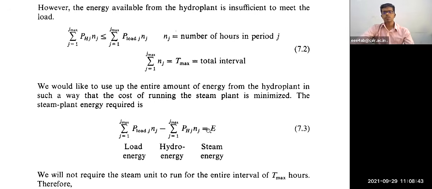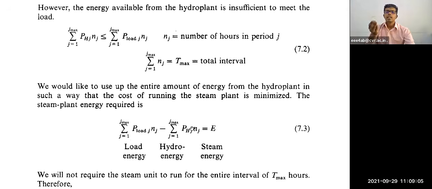Or otherwise, if I want hydro alone, hydro is equal to load minus steam. That is, steam plus hydro is equal to load. So whatever power is generated from the steam is nothing but load minus hydro.